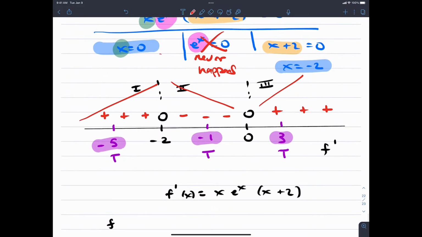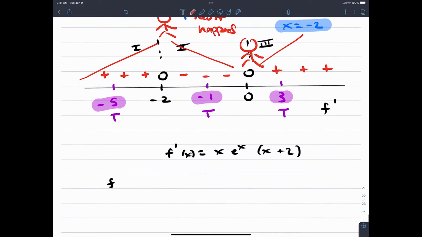What does it mean if you're standing right here? You're on top of a hill. What does that mean? Relative max. What does it mean if you're in a valley? Relative min. Clearing out the cobwebs. You guys remember that?